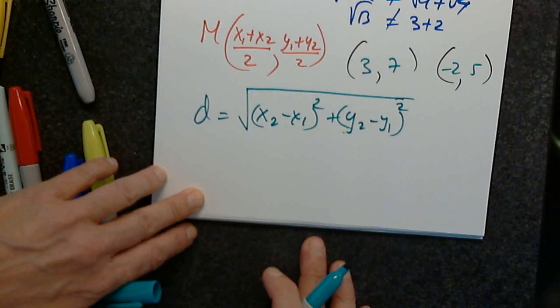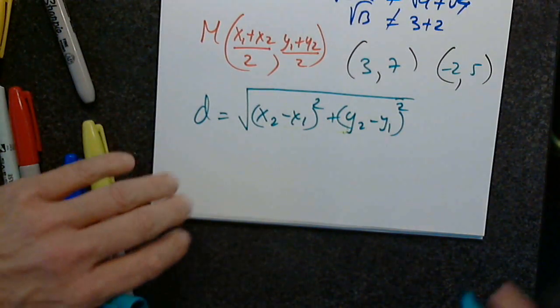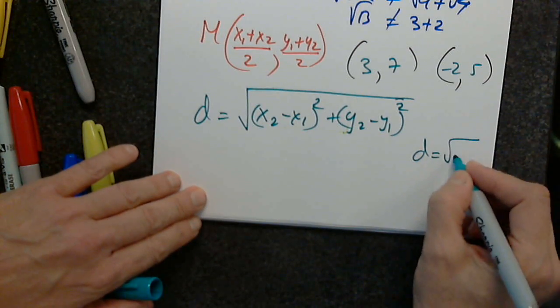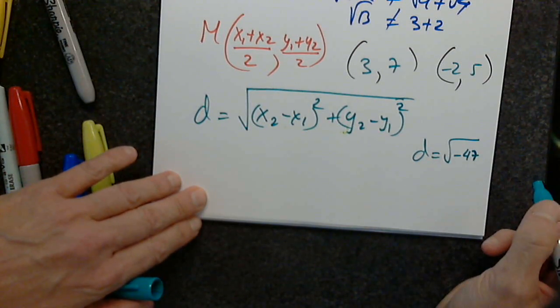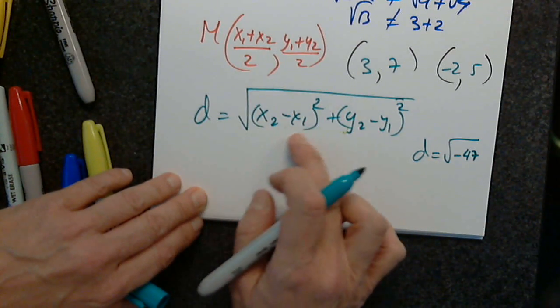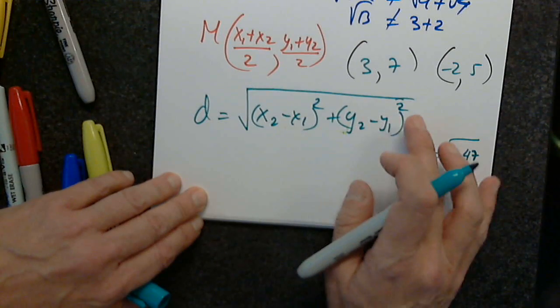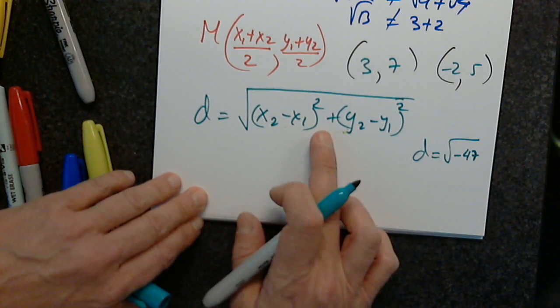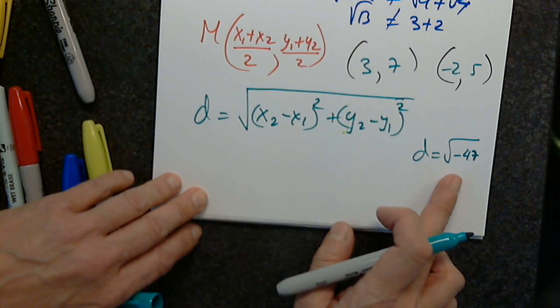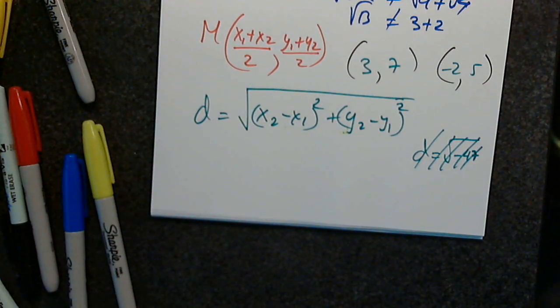On a test or final exam, you will never write that the distance is the square root of negative 47, correct? Why? What type of number is this no matter what once it's squared? And you are adding two positive numbers. Can you ever write this? Thank you very much.